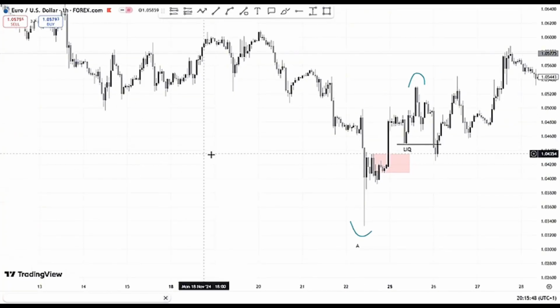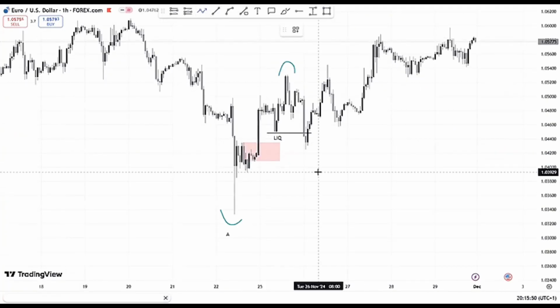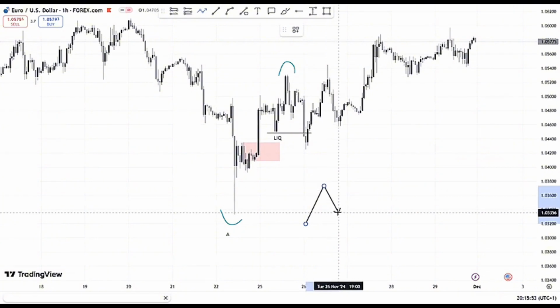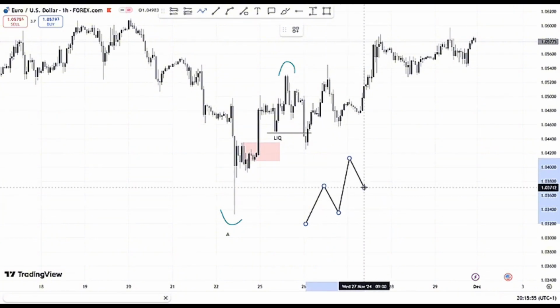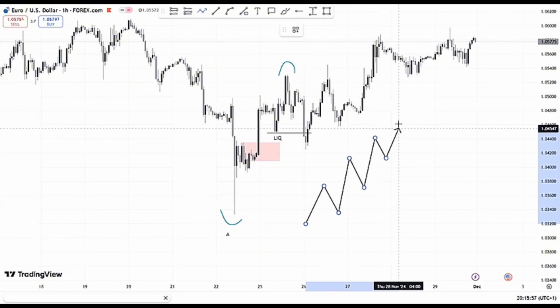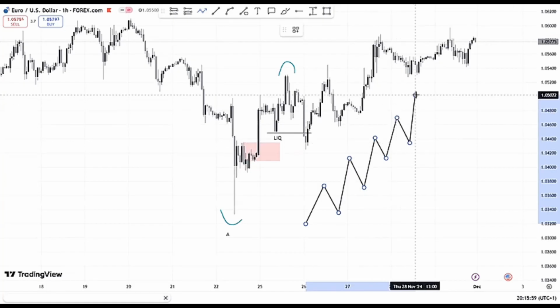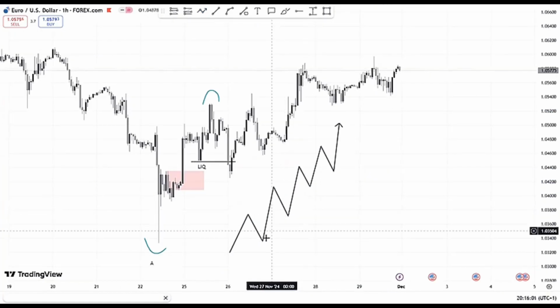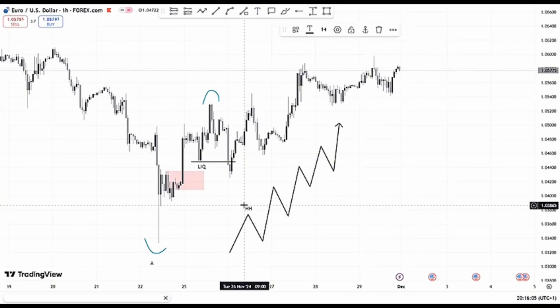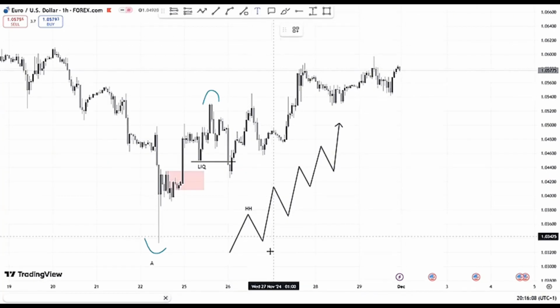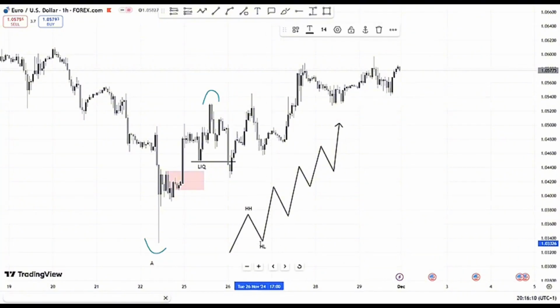Now, our expectation on chart is that market should create higher highs and higher lows. This is the normal expectation on charts. For a bullish scenario, market creates higher highs and higher lows.